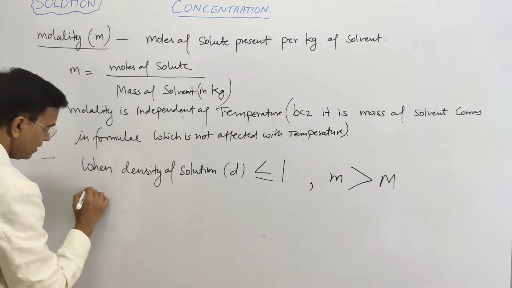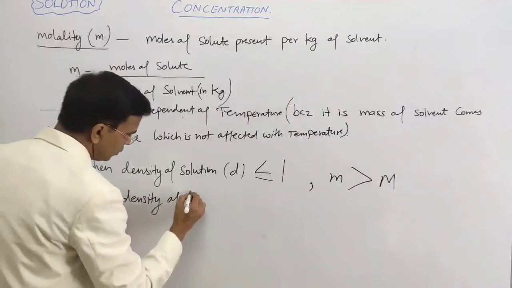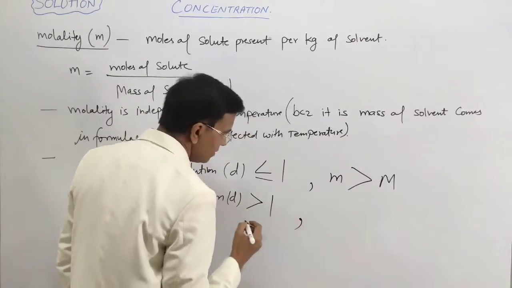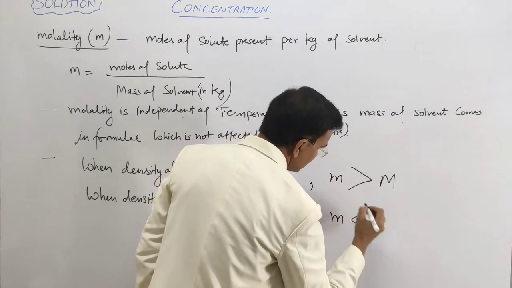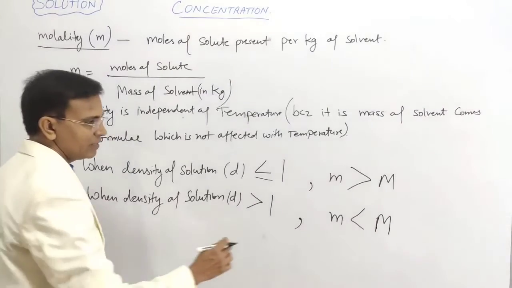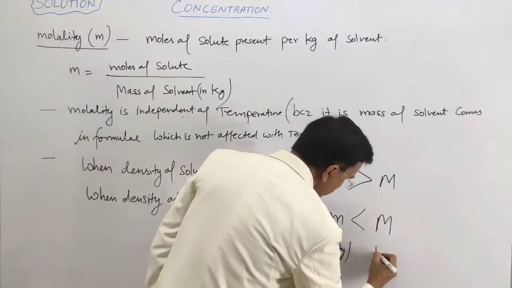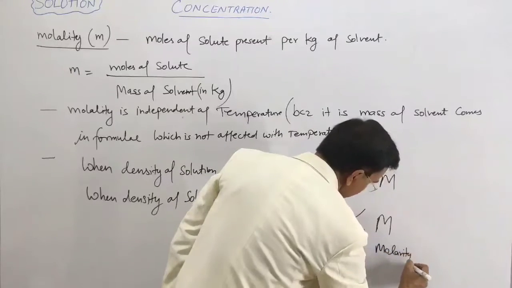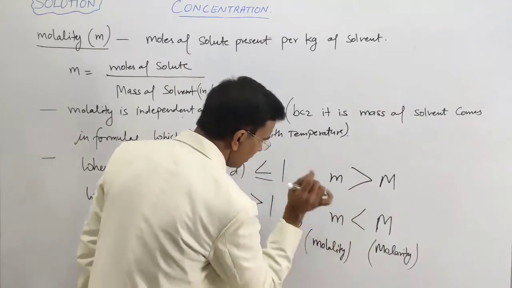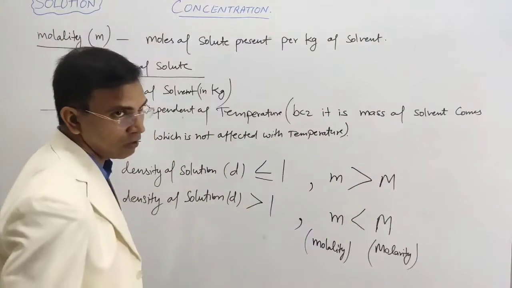Now the next is when the density of solution is greater than 1, then molarity is smaller than molality. Molarity is indicated with capital M and molality with small m. So this is the relation with the density when the density of the solution varies.